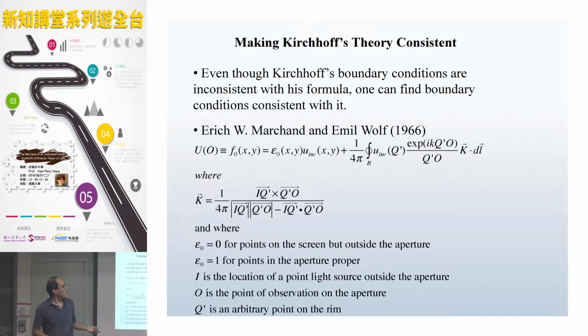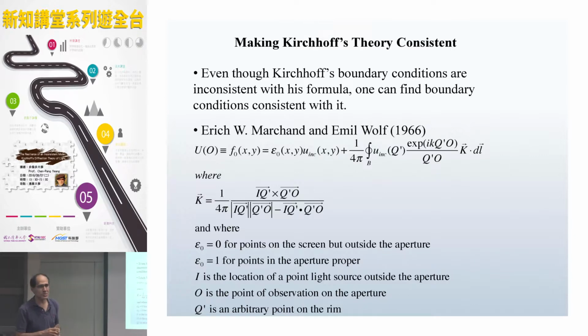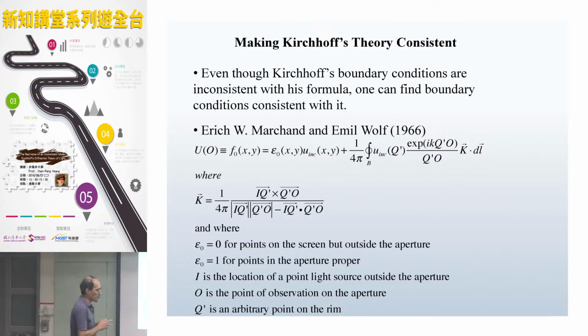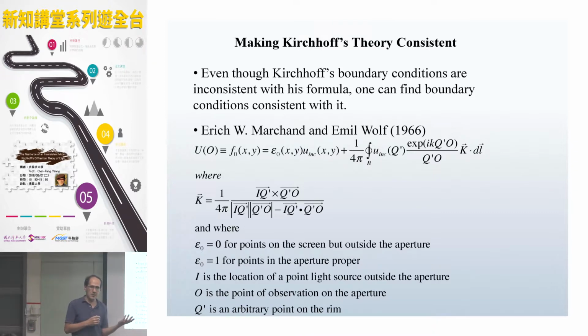So later, around the 1960s, two other physicists came up with a more consistent theory for that matter. They were Eric Marchand and Emil Wolf.